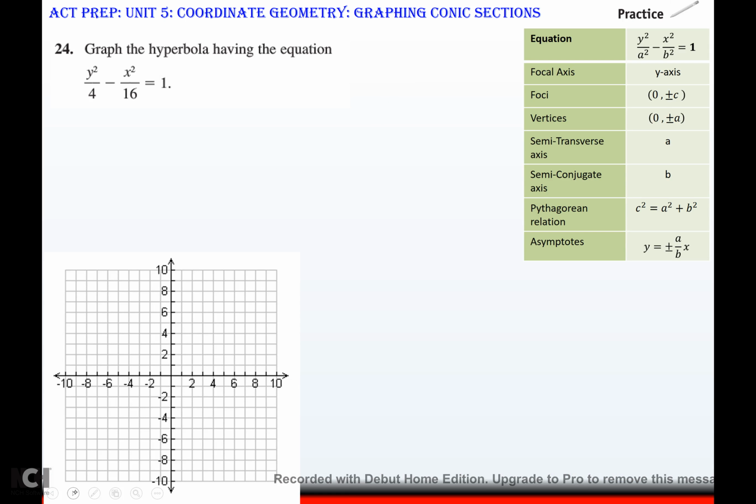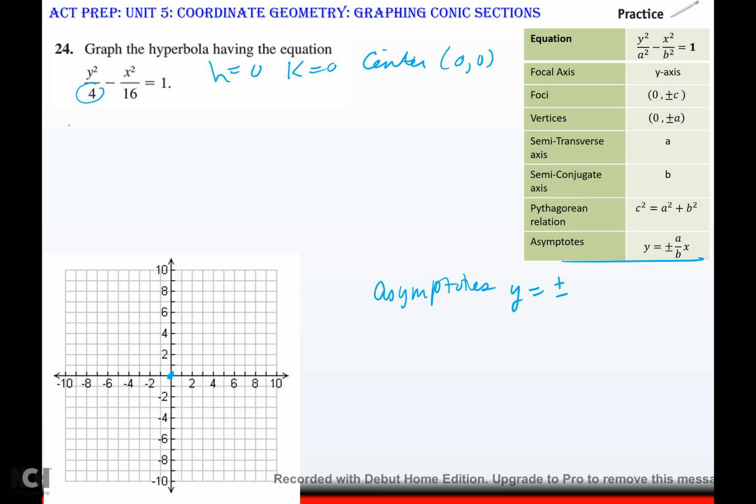Okay, so if we graph this hyperbola having the equation, again, no parentheses means my center, h is 0 and k is 0, which means my center is at 0, 0. Again, for me, I like getting my asymptotes next. So for my asymptotes, it says y equals plus or minus a over b x. a is 2, because if a squared is 4, then a is 2.